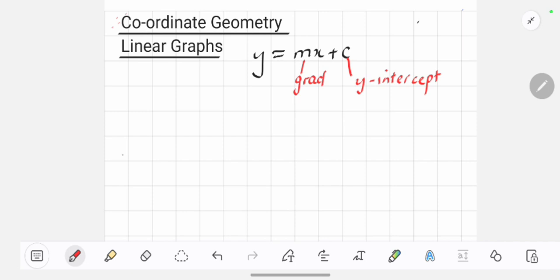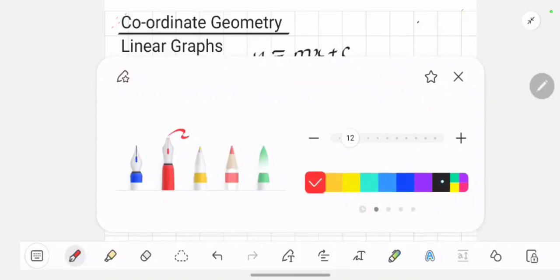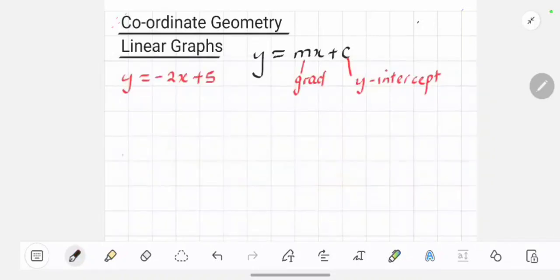So in this video I will use the example of y equal to minus 2x plus 5. I would like to draw this graph of y equal to minus 2x plus 5. First of all, you need to draw the Cartesian plane. So first things first, we need to have the Cartesian plane, that is the y-axis and the x-axis.